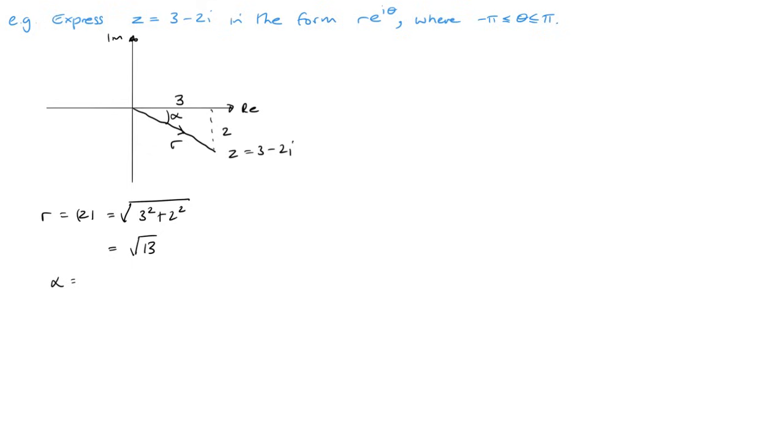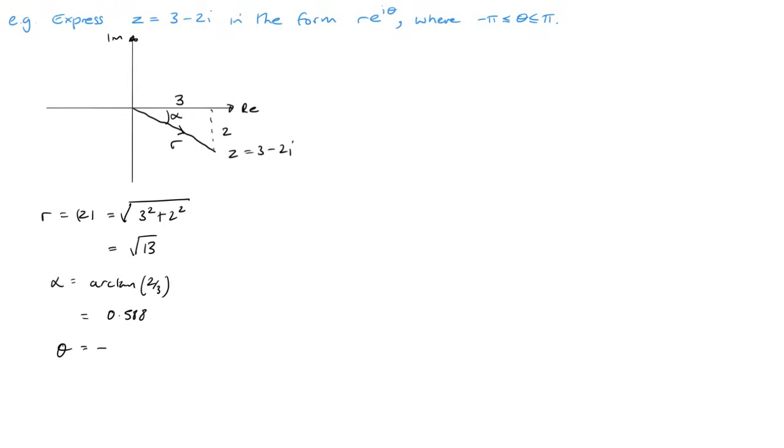Then I want to find alpha first of all. Alpha is the inverse of tan, and tan is opposite over adjacent, so 2 over 3. In radians, that is 0.588. Now, the argument of z, remember, goes positive direction, negative direction, so this angle is going to be the negative answer.